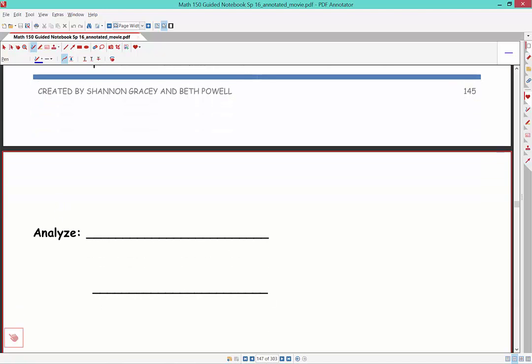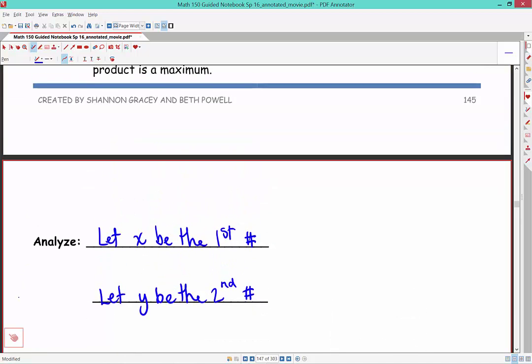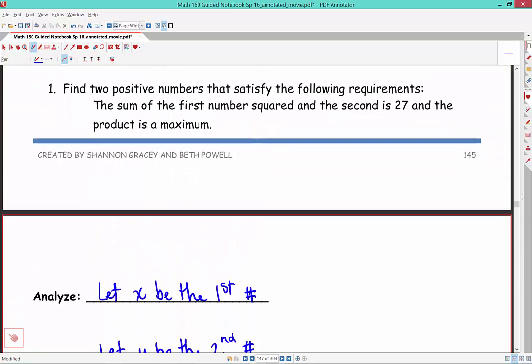So here, if we let x be the first number, and we can let y be the second number.